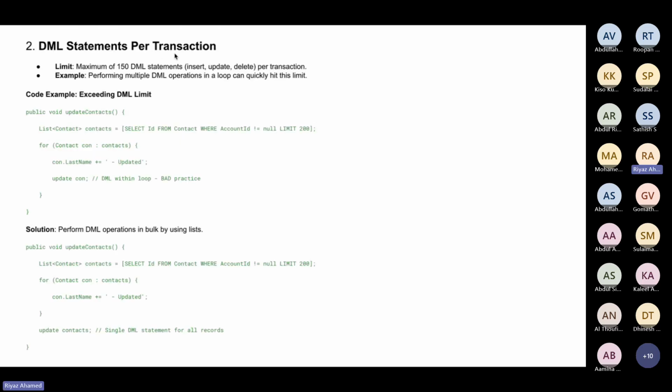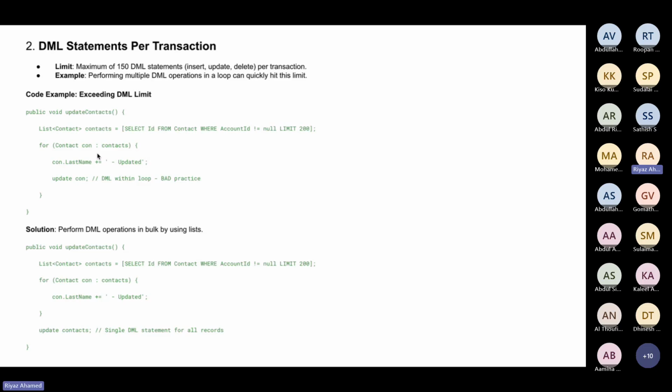DML statements per transaction. Okay. Here the limit is 200, correct? Here we are doing contact. See, in the for loop, we are updating, correct? Inside the for loop.